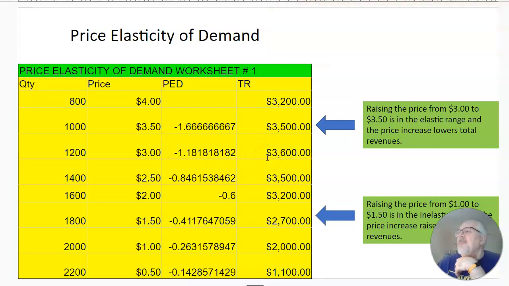Lowering the price increased total revenues. Now, if we were to lower it down to 250, now we're getting into the inelastic range because there's a 0 before the decimal. And so lowering the price will actually decrease our total revenues.